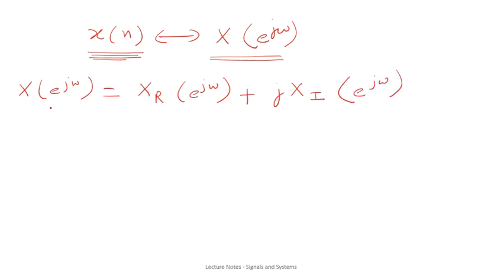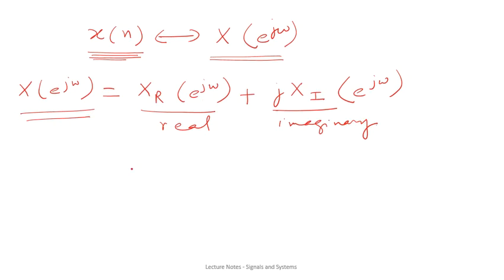This is the real part and this is the imaginary part of the overall signal X of e j omega.